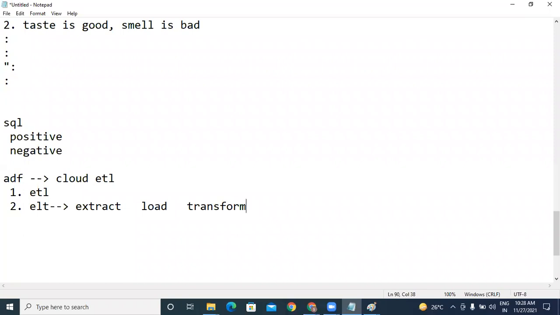Understood? Now the question starts: when to use what? When should I use ETL, and when should I use ELT? As per our requirement, we can go with ETL.